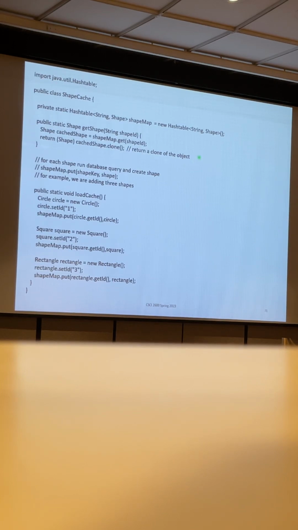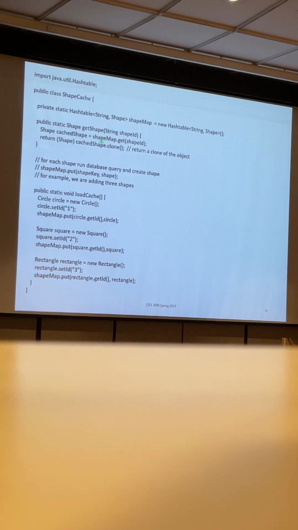All right, so for example, we want to create a clone of an object that we place in a hash table in this case. So we have a hash table, and if you want to get something from the hash table, we get the cached object, cached shape, but instead of returning the shape, we want to return a copy. Why?